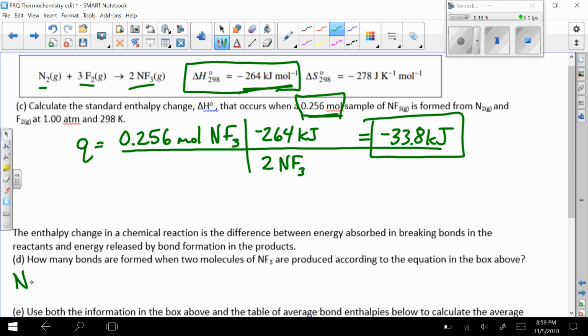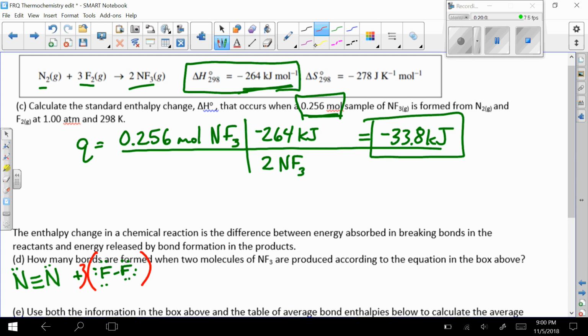If nitrogen reacts, this is the Lewis structure. We have nitrogen triple bonded to a nitrogen, and it's going to react with 3 of these fluorine molecules. Instead of drawing three of them right now, I'm just going to put a 3 here.